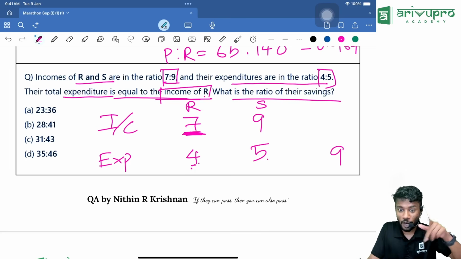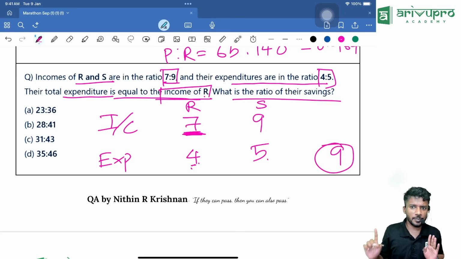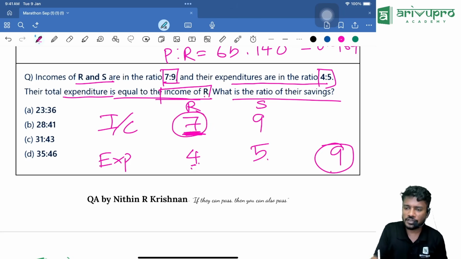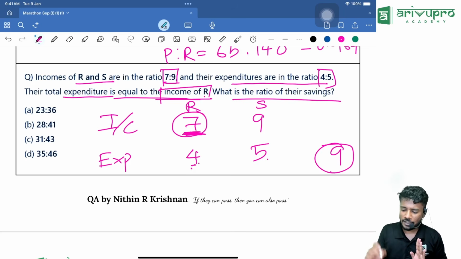I'll tell you how to do this. So total expenditure is 9. And that 9 should become equal to this 7. Now, how can you make both of them equal? Can I multiply 9 with 7?